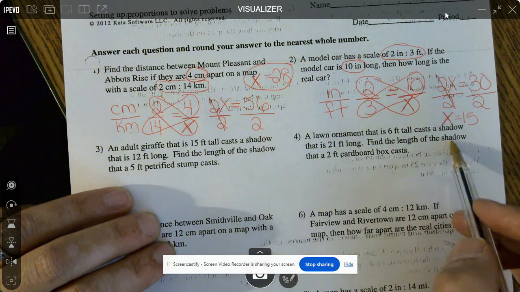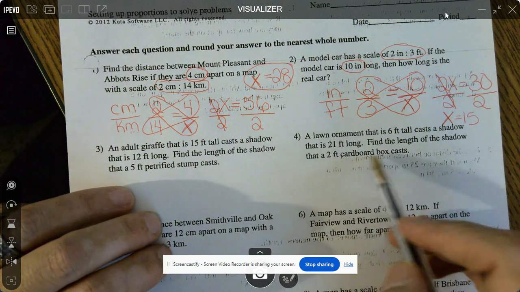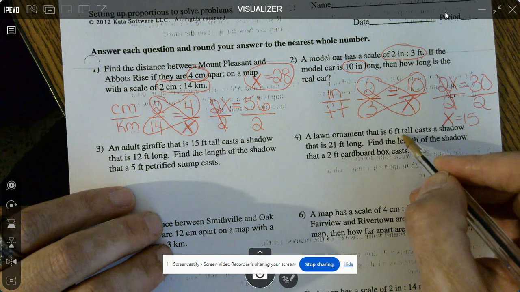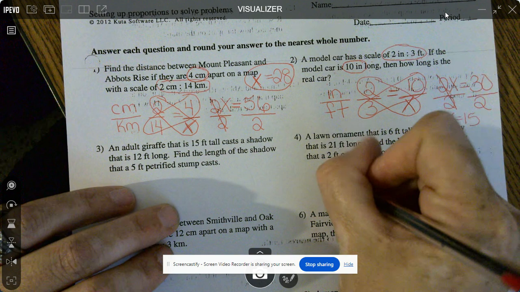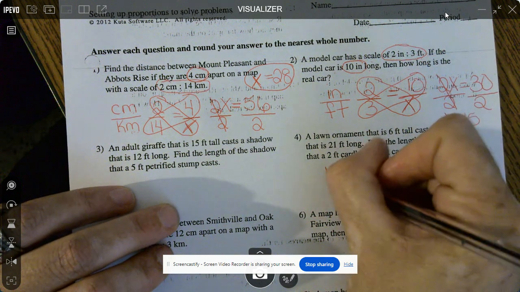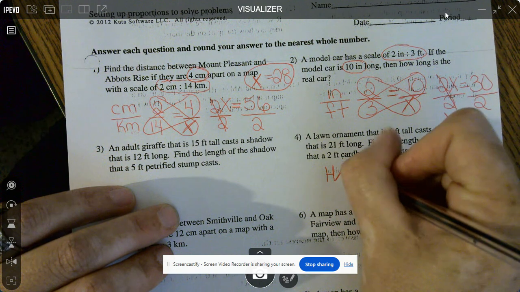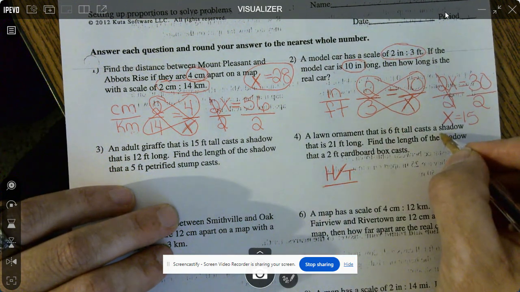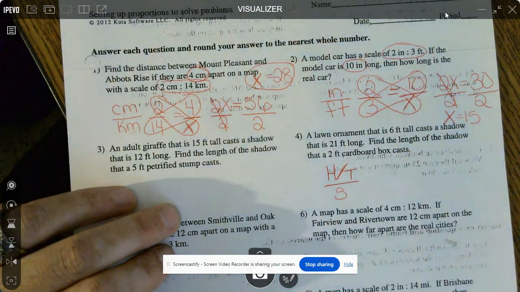Find the length of the shadow that a 2-foot cardboard box casts. If we're talking about tall, we're talking about the height of something. You can use height or tall, whichever makes you comfortable: H represents height, T represents tall. We know it's going to cast a shadow, so let's put an S down here for shadow.